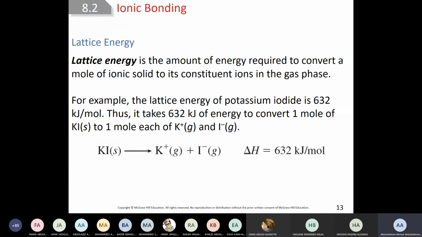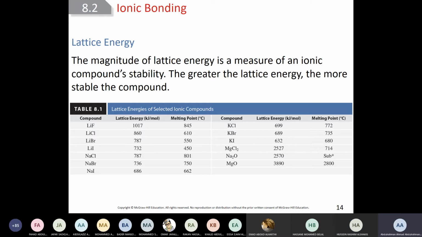That's the lattice energy. What's delta H here? What's this number, 632? What's the other name for it? Lattice energy, which is U. This lattice energy has been calculated for many compounds, and this table here shows you the lattice energy.